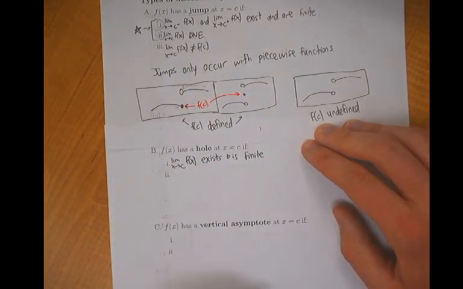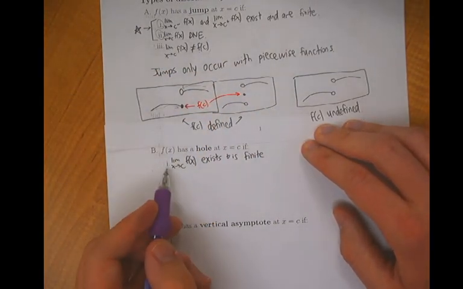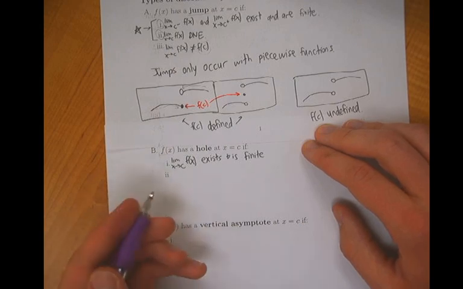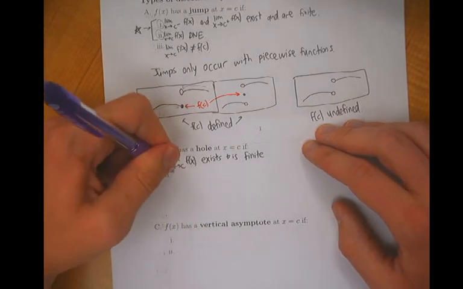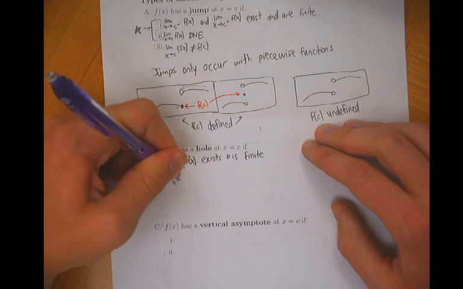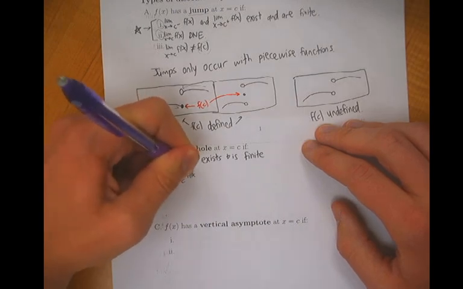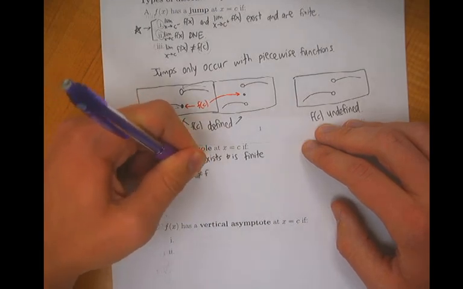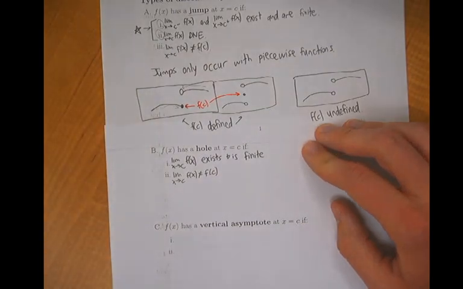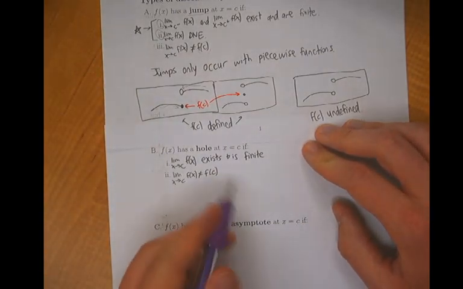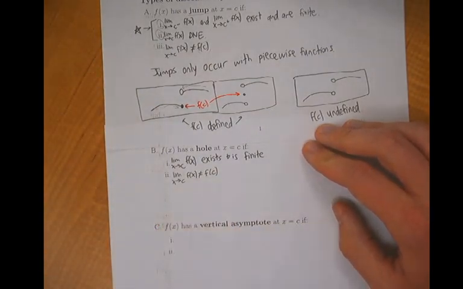So the good news is that in this case, both one-sided limits agree with each other. But the limit as x approaches c of f of x does not agree with f of c here. And that could be because either f of c is undefined, or f of c is defined and they're just not equal to each other.